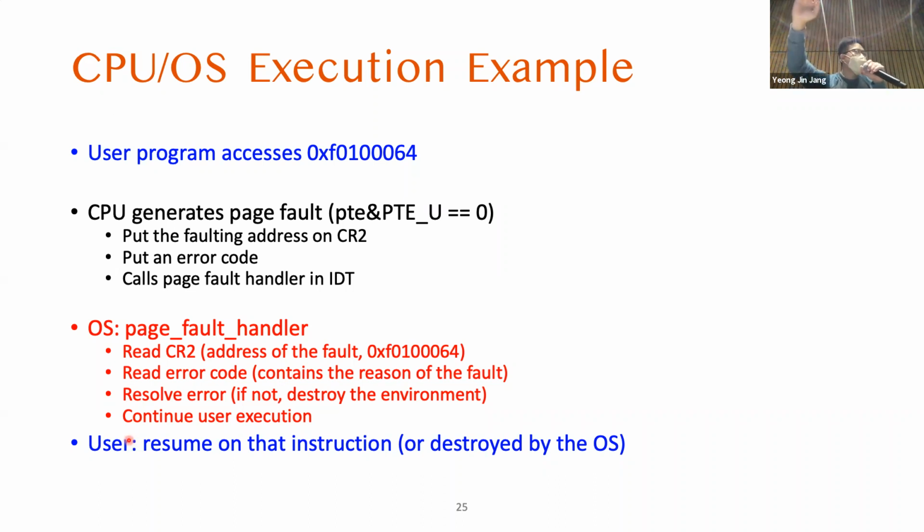If there's no problem, then it can move forward. So handling the fault is a mechanism like that. At one time it could generate the fault, but at the second time, if the operating system resolved the fault, then user space can move forward.